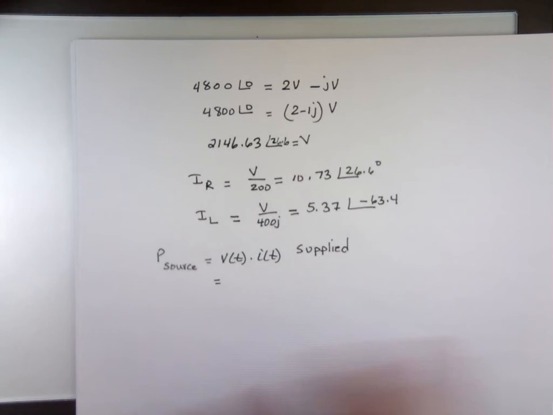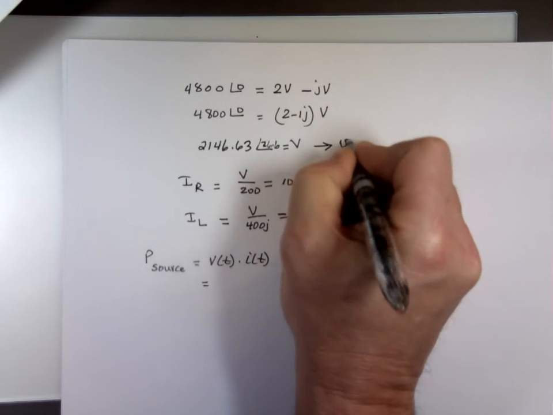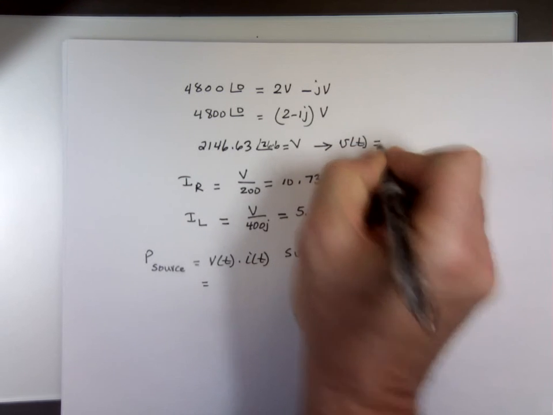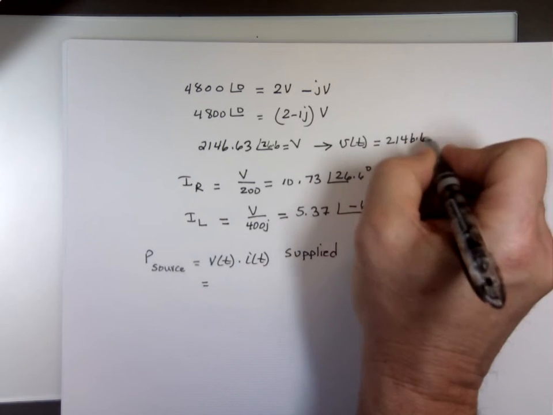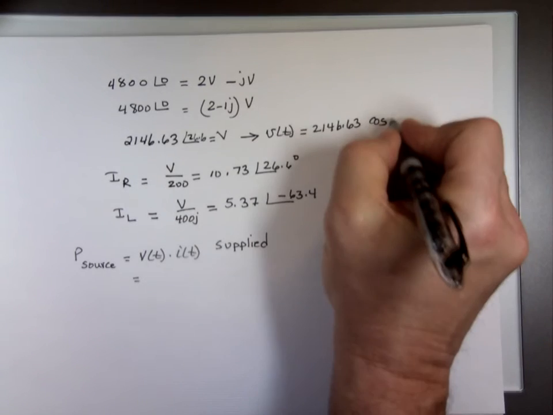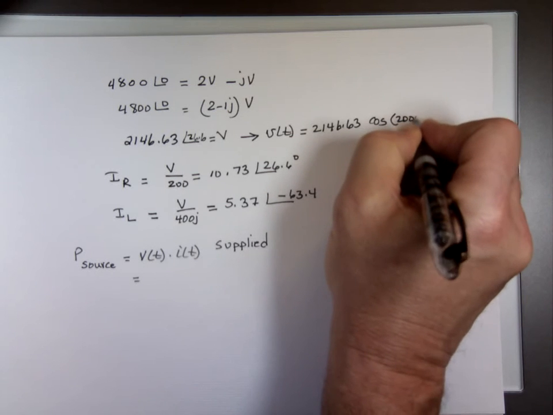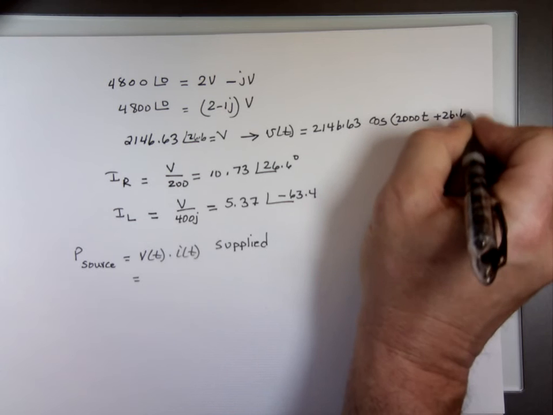If you change that to time domain, V as a function of time is going to be 2146.63 cosine, what was omega there, 2000t plus 26.6 degrees.